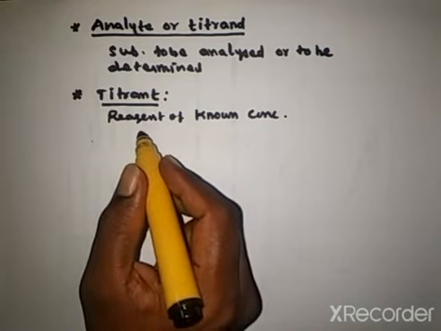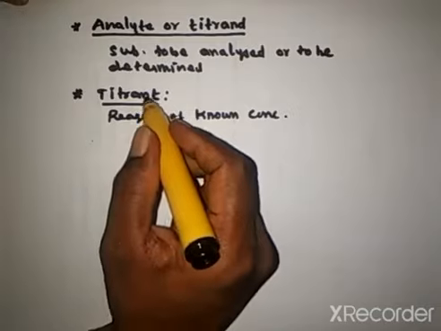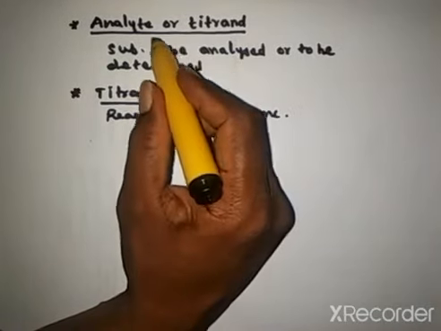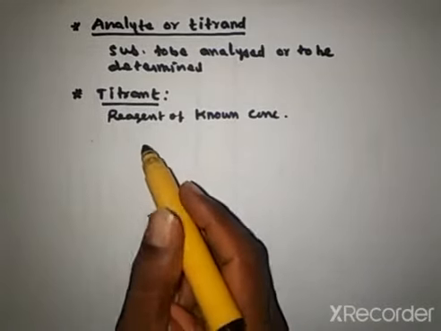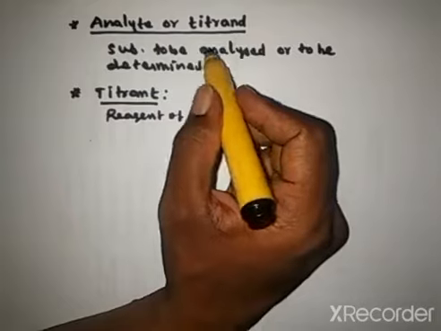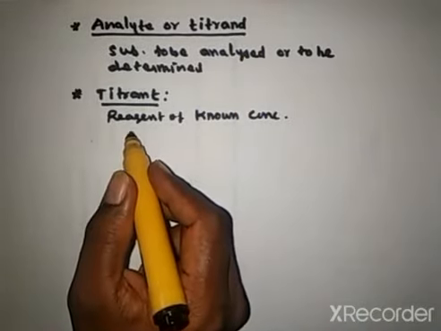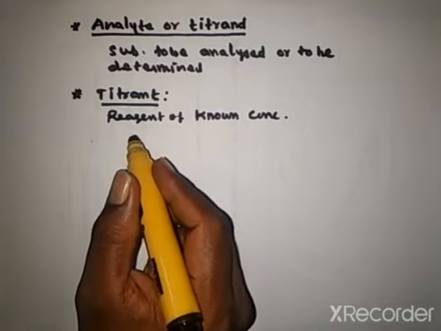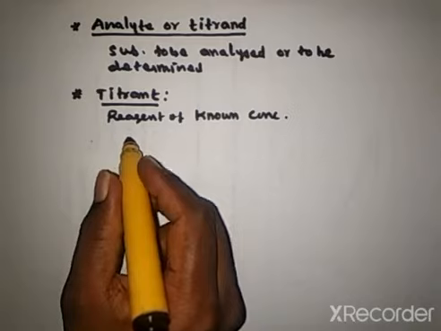This is the substance which is added to the analyte. By using this titrant only, we are going to find the concentration of an analyte.